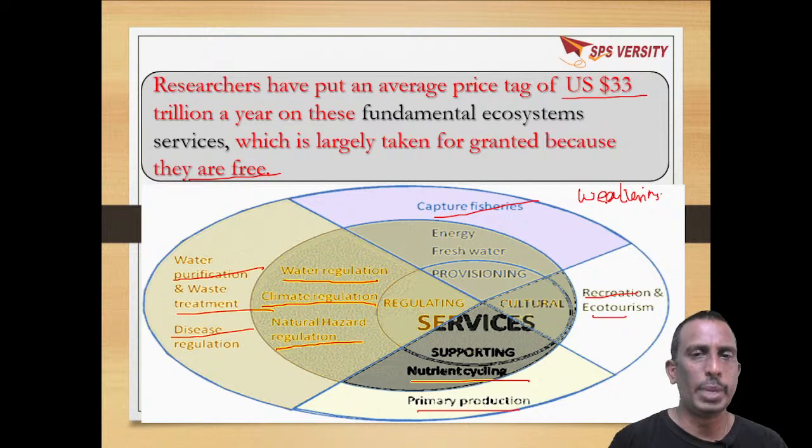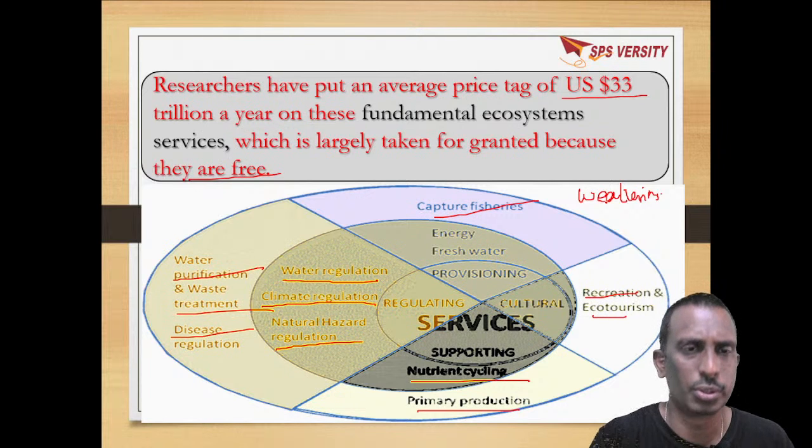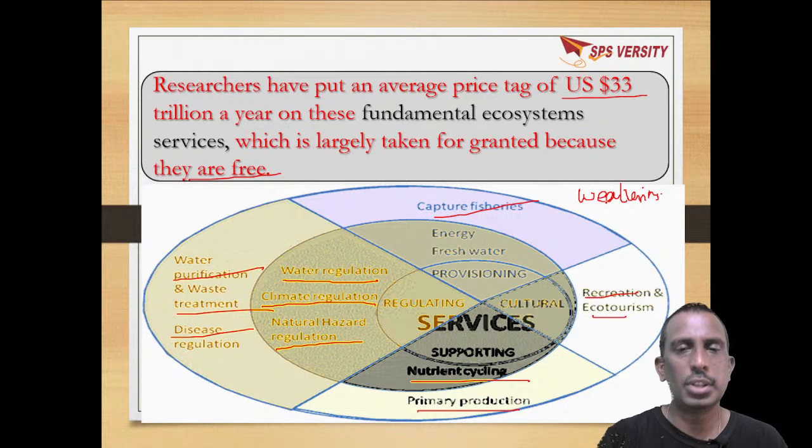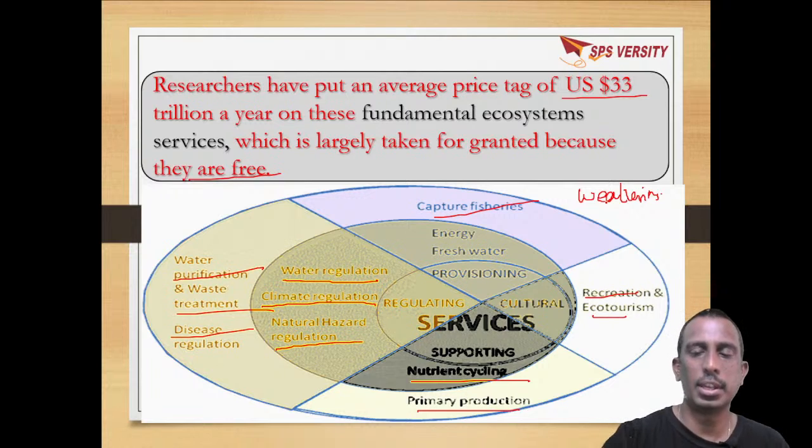So maintaining the integrity of the ecosystem is very important to carry on this whole process. Otherwise it leads to a lot of disasters. That's why we should conserve our ecosystem.